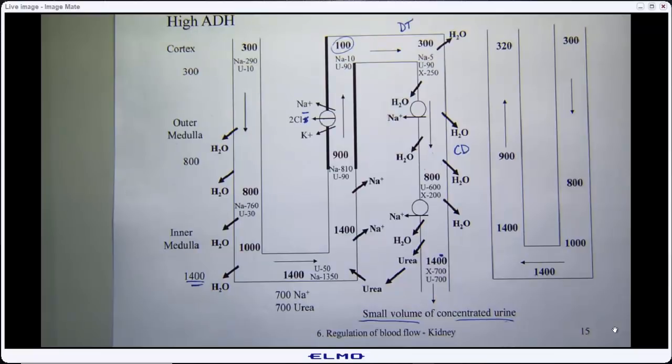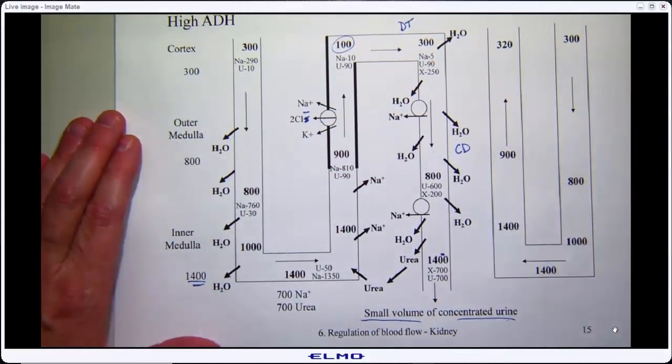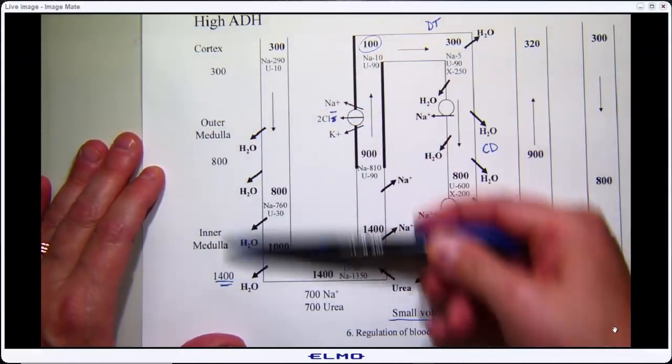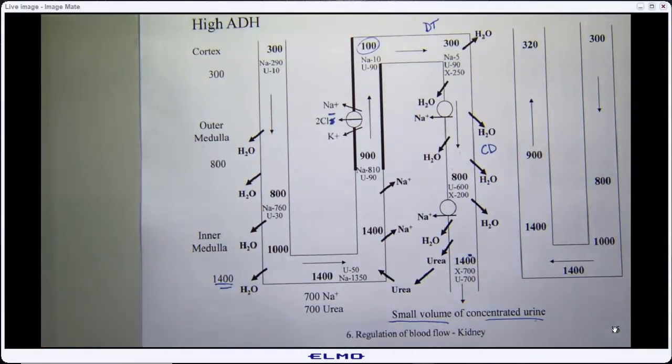Okay, so ADH can allow the tube to become more permeable, but we could even move more water if we could concentrate the space out here, change that concentration gradient, and then we would actually drive even more water to move, okay, which is exactly what ADH does.